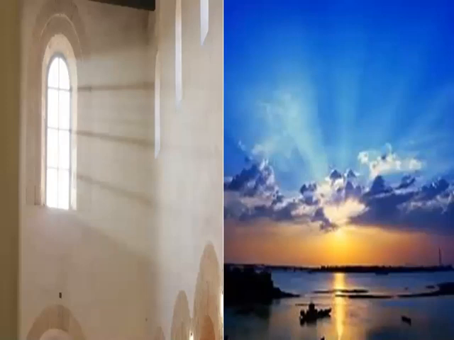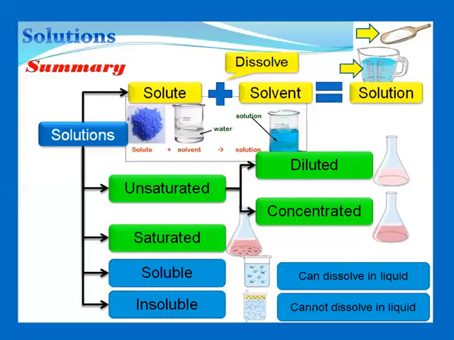The dust particles in the air of the room allow the beam of light to scatter and show the Tyndall effect. The light of the blue sky also shows the Tyndall effect. The dust particles, pollen grains, and water vapors present in the air scatter the beam of light of the sun.